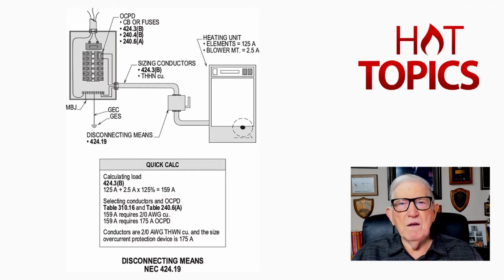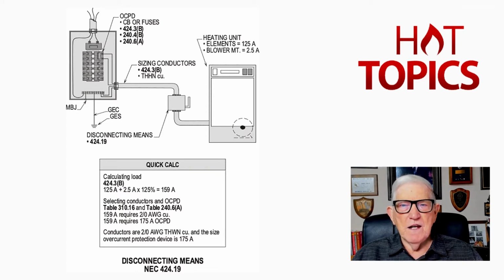then notice we have the overcurrent device, and we have to meet 424.3(B), 240.4(B), as well as selecting the overcurrent device from 240.6(A) and Table 240.6(A). Sizing the conductors, 424.3(B).